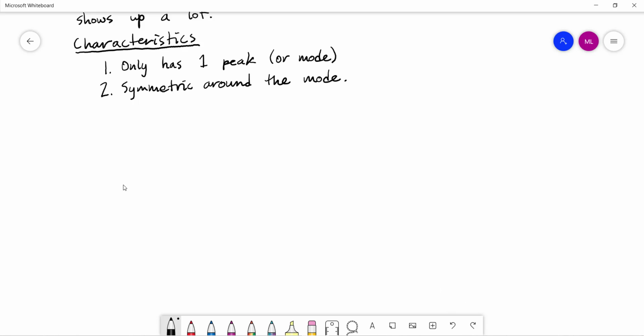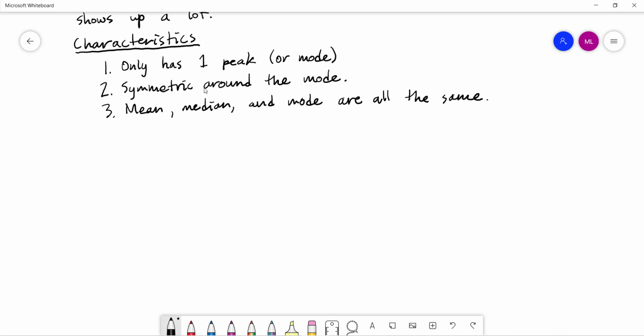Criteria number 3, or characteristic number 3. The mean, median, and mode are all the same. They all have the same value. And essentially, this just reinforces the same point that we just talked about.